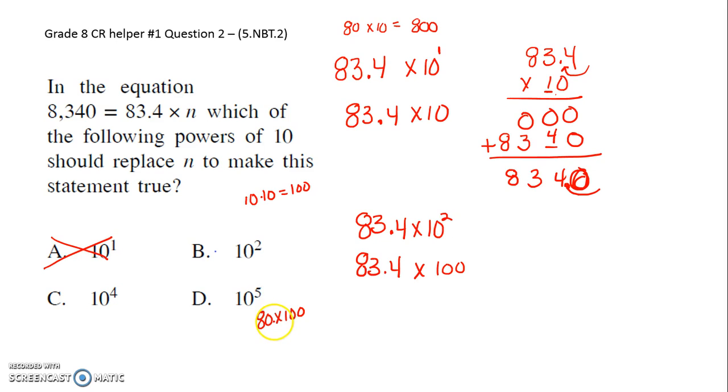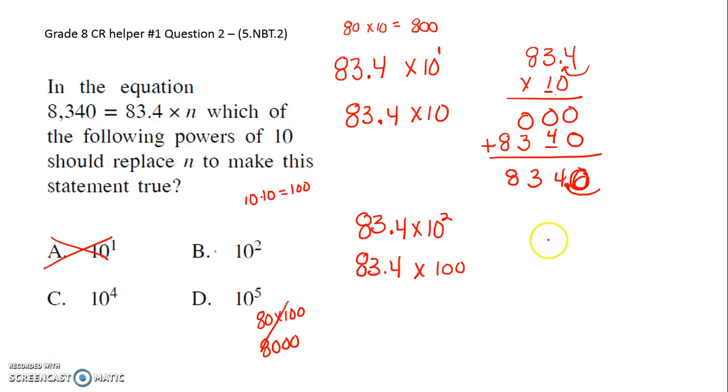And in an earlier video, we talked about when you're multiplying with zeros, what happens? Well, 8 times 1 is 8. And then I have 1, 2, 3 zeros. So 80 times 100 is 8,000. So this is looking like this is probably going to be our correct answer because our final answer is around 8,000. Let's give a check.